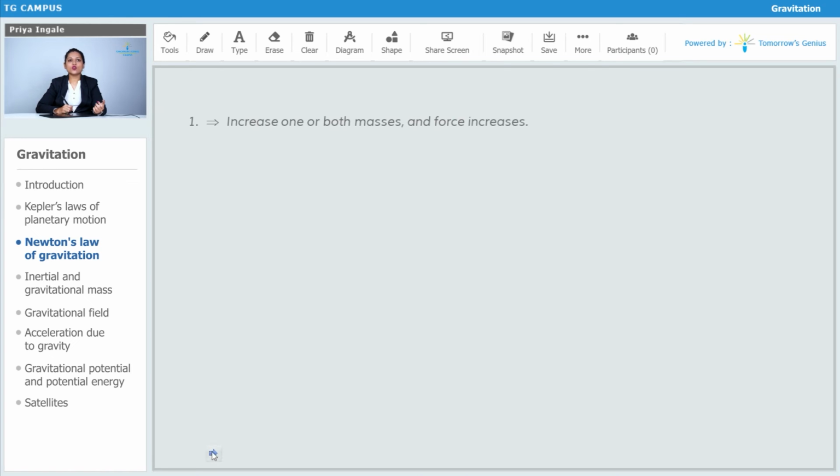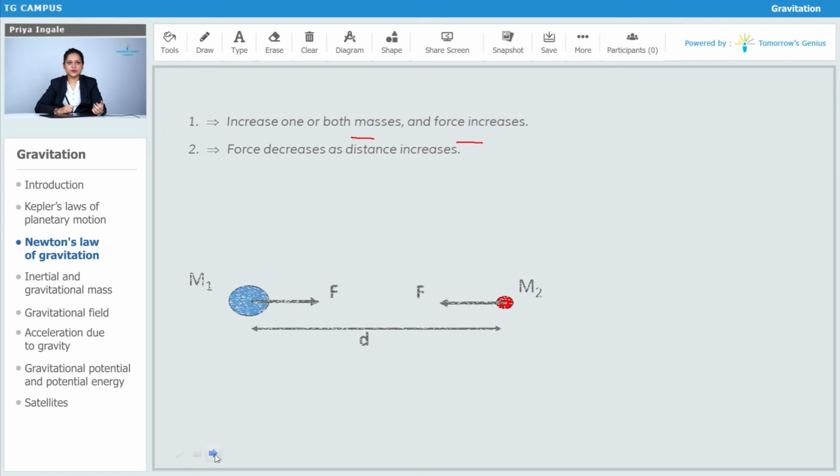So according to the statement, if we increase one or both of the masses, the force will increase because it has direct variation, and the force will decrease if the distance increases because it has inverse variation with the square of distance. If one of the masses or both the masses are increased, then the force between them will increase. But if I increase the distance, then the force between them will decrease.